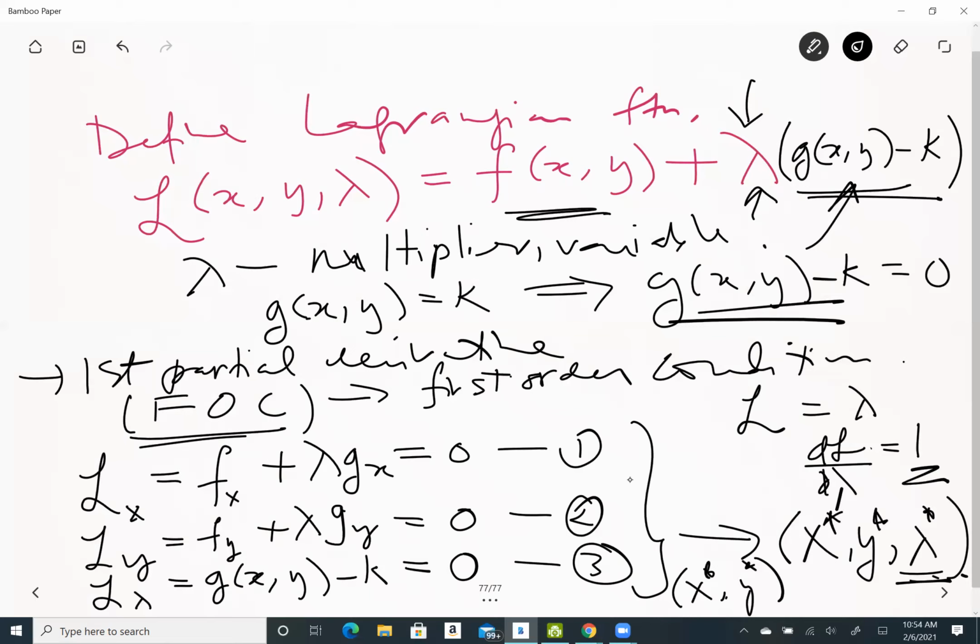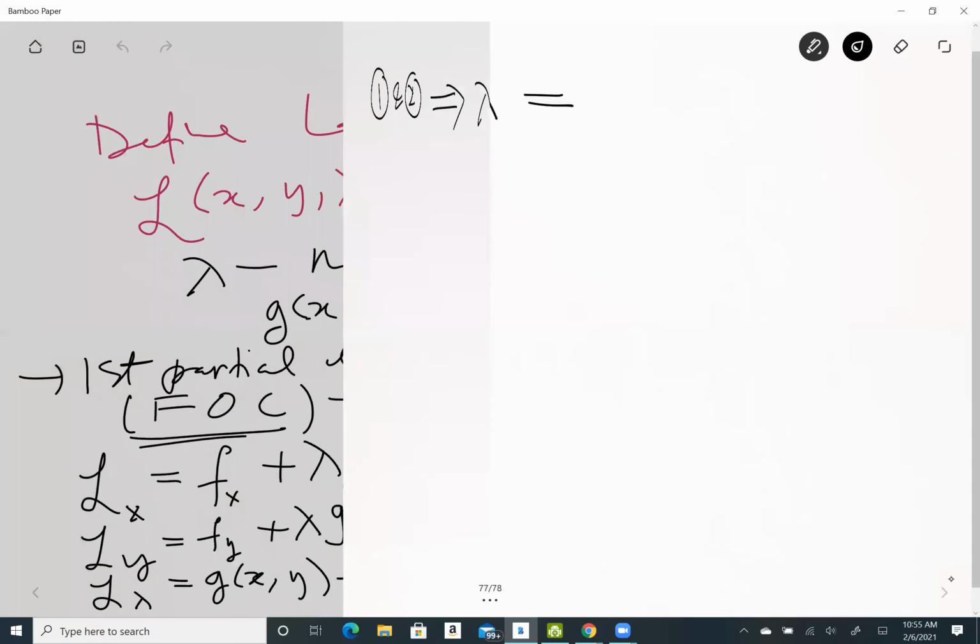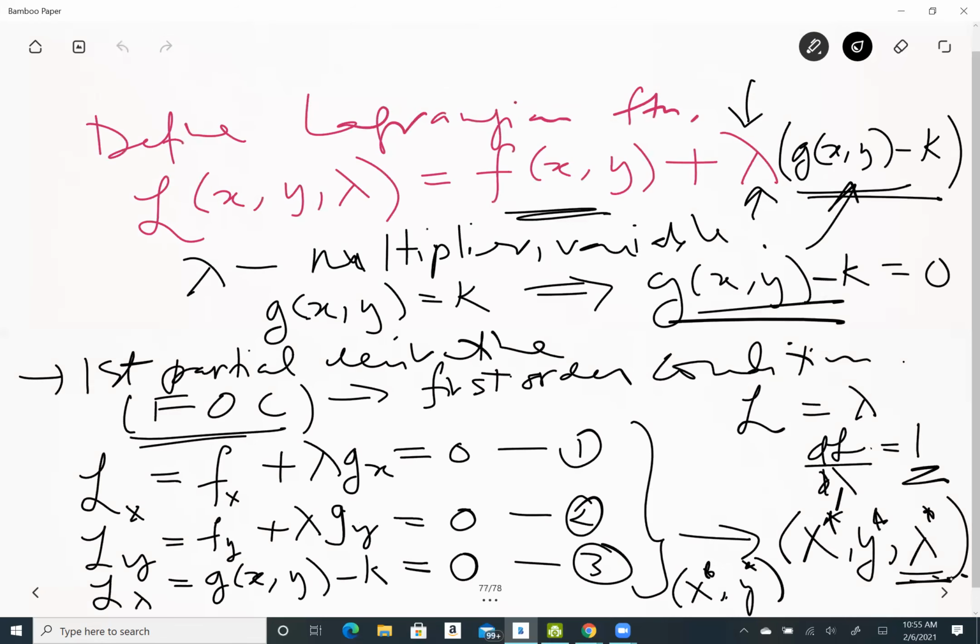So you have 1, 2, 3. How do you find the x star, y star? Number 1, we make use of the 1 and 2. We do 1 and 2 first. What we do, you write lambda equal to what?